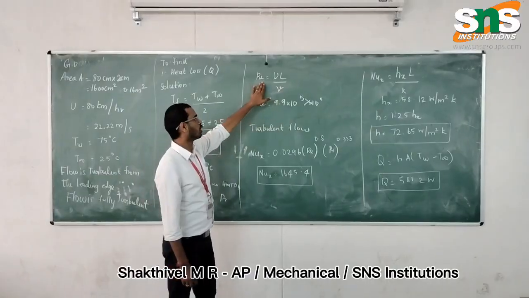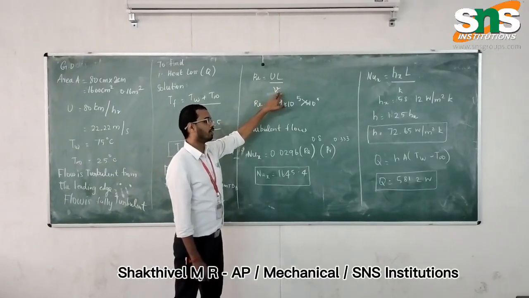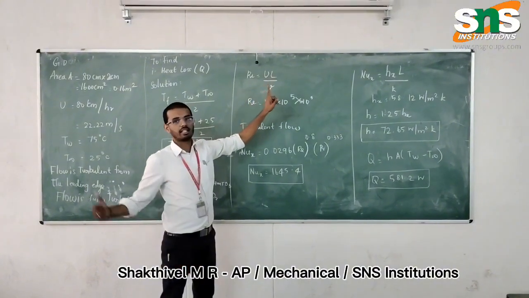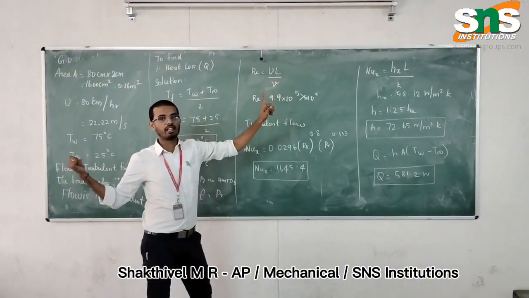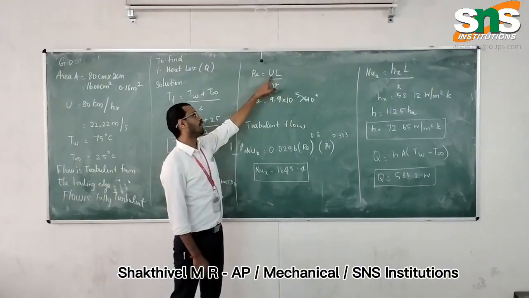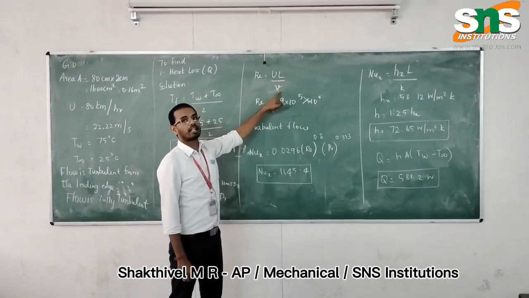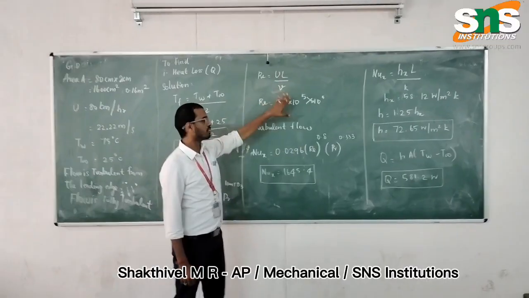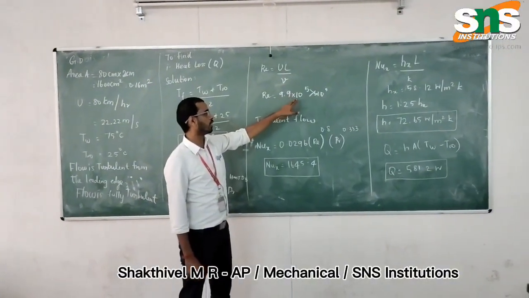So the Reynolds number is UL divided by nu. We take UL instead of UD because it is a crankcase where the area is given as length into breadth. So velocity into length divided by kinematic viscosity nu. We substitute all these values and we get 9.9 into 10 to the power 5.